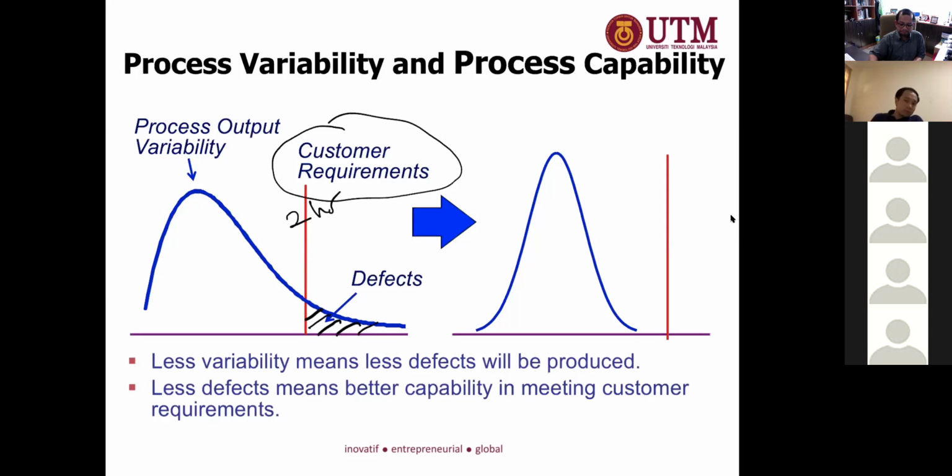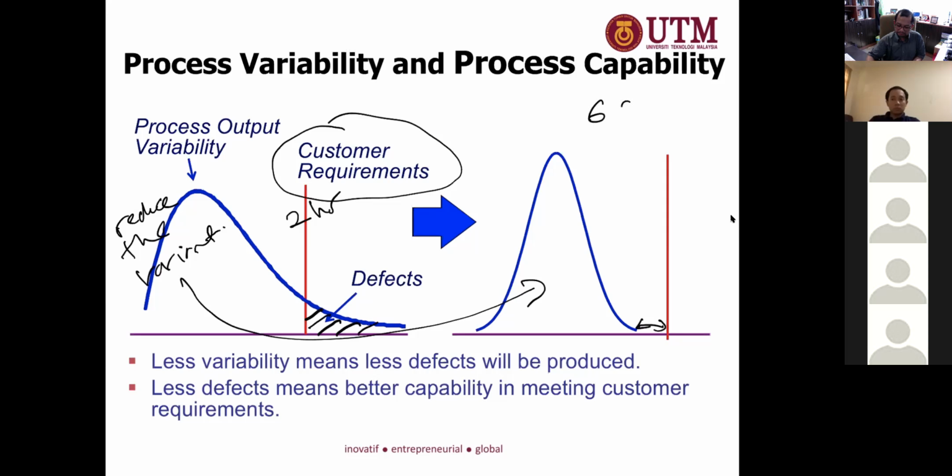So the purpose of the DMAIC approach is to reduce the variation, so the variation becomes like this, and to ensure this tolerance. How to make this happen is Six Sigma.